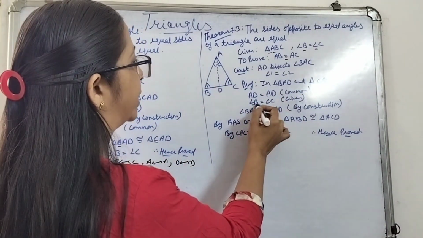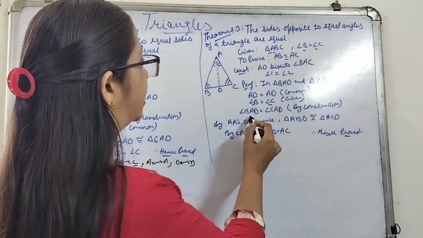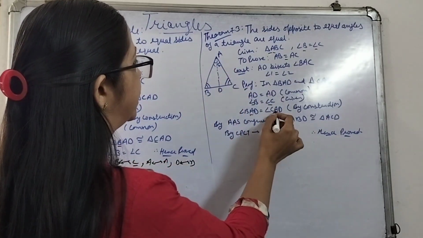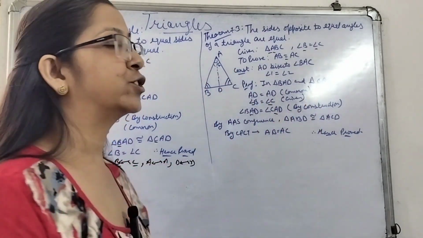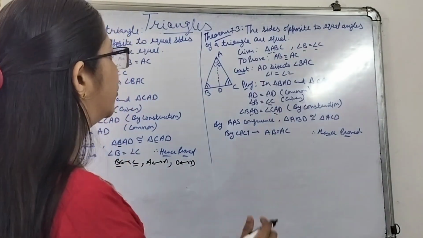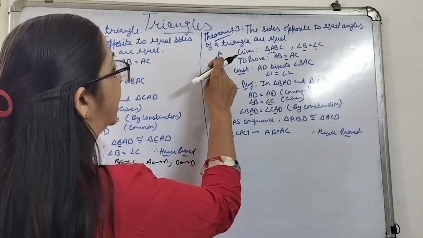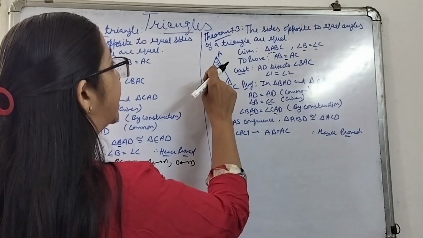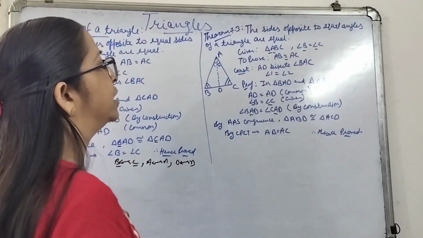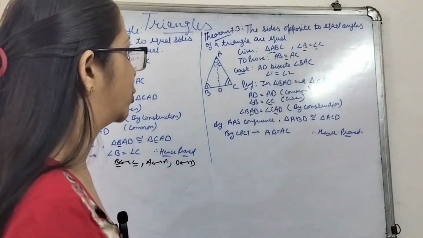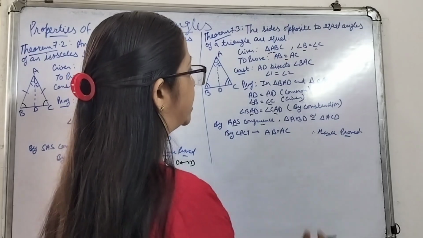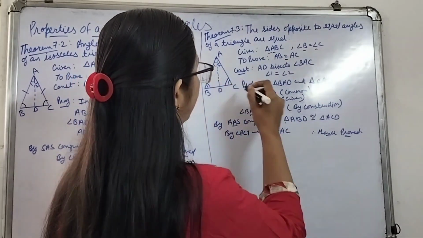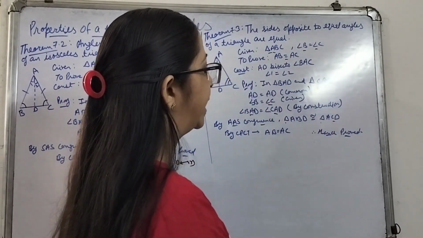Angle B is equivalent to angle C, given. And angle BAD, this means angle 1, is equivalent to angle 2 by construction. So by AAS, these two triangles will be congruent. So by AAS congruency, triangle ABD will be congruent to triangle ACD.